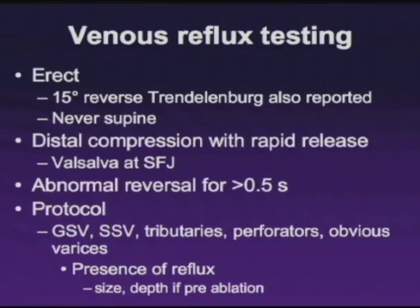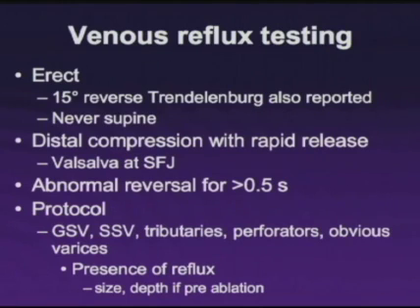What constitutes an abnormal amount of reflux? Most people would say a reversal of flow for greater than half of a second is evidence of reflux. And protocols can be quite variable, but I think that you want to evaluate both the great saphenous and the small saphenous.